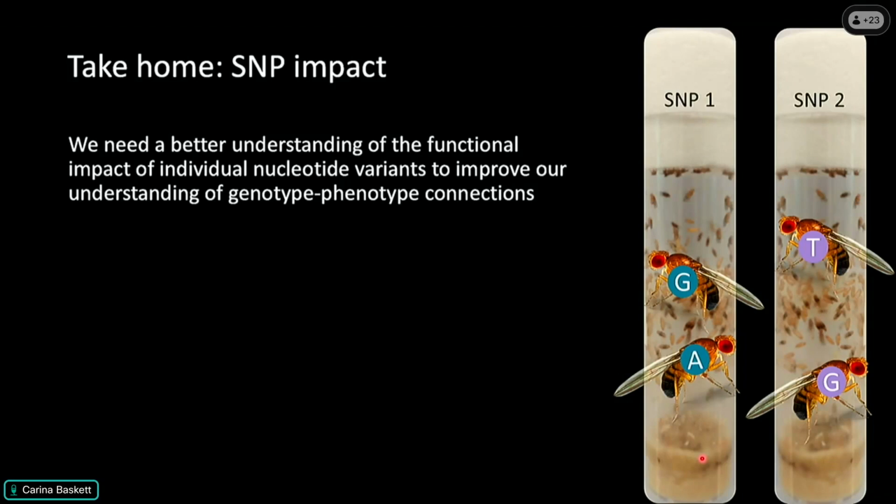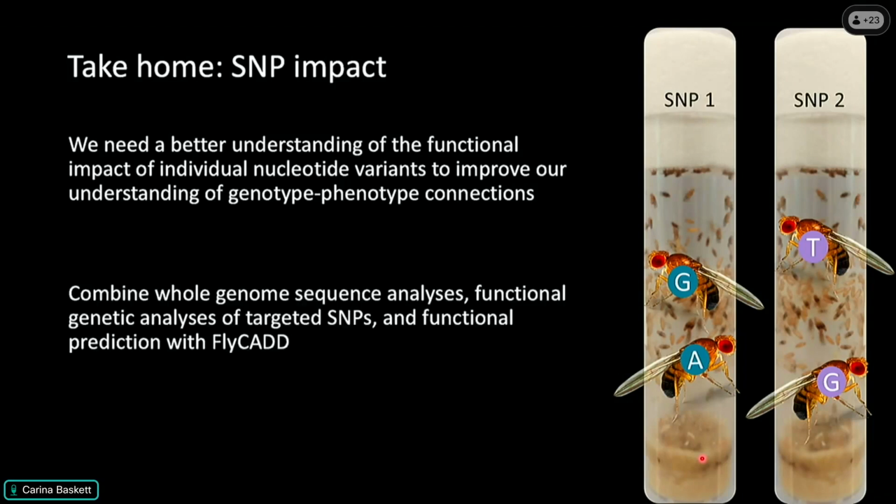And then, of course, there are still problems like epistasis, linkage that cannot easily be broken, but let's just take it step by step. And I think this can make a useful contribution. And I think that we should do this by combining as many different tools as we can. So genome sequence analysis, use GWAS in smart ways or evolve and resequence, but also try to do functional genetic analysis on SNPs.